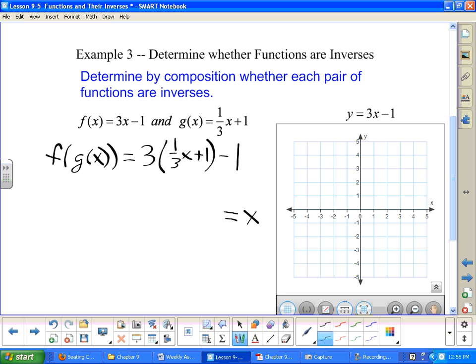So 3 times 1/3 is x. 3 times 1 is 3 and minus 1. So this equals x plus 2, which is not equal to x. So they are not inverses.